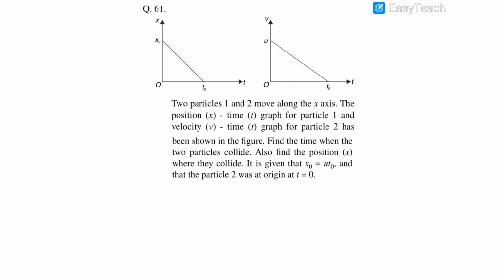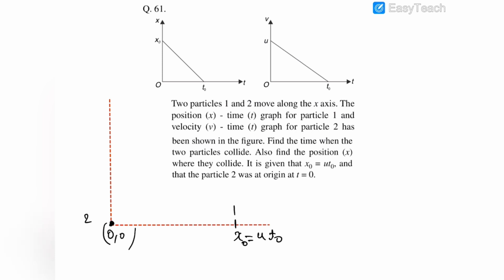So first of all, let us analyze the situation. Let us suppose that this is the x-axis, and this is the origin. The first particle 1 is at x naught, which is equal to u t naught, and the second particle 2 is at this position.